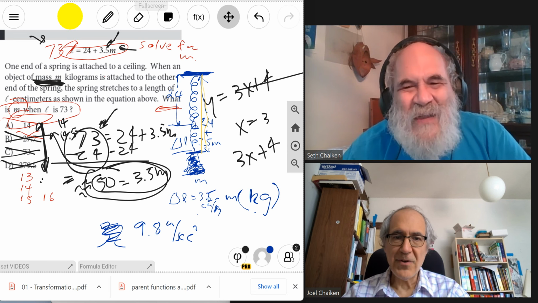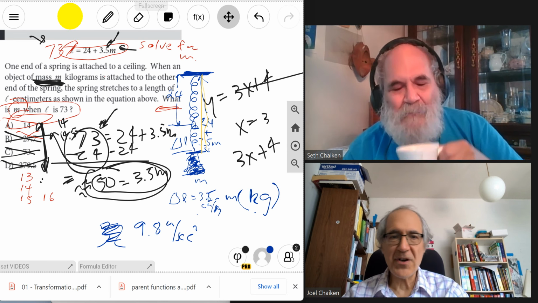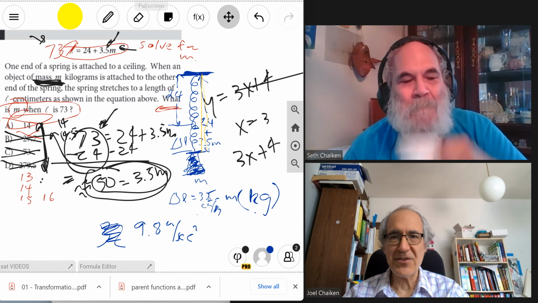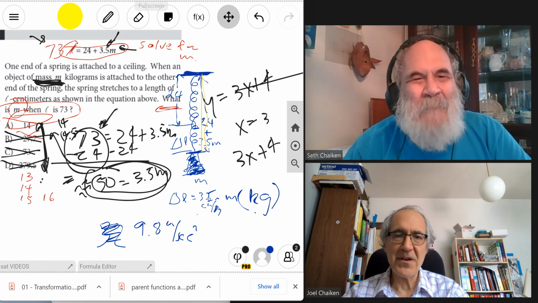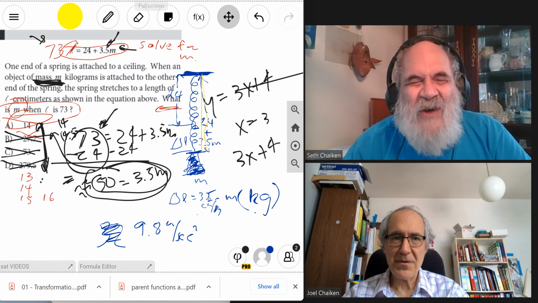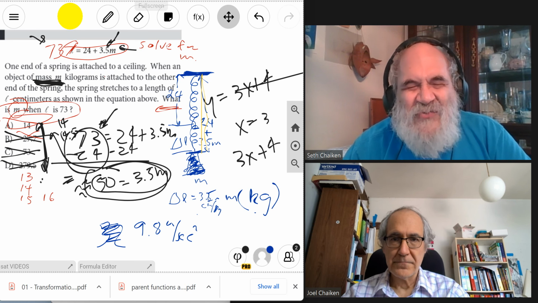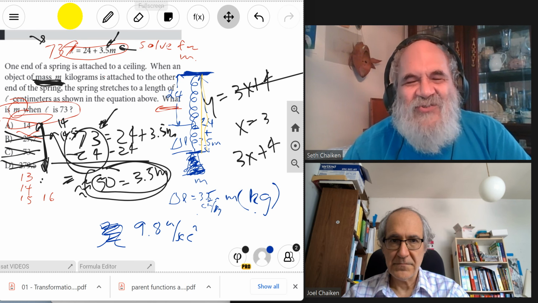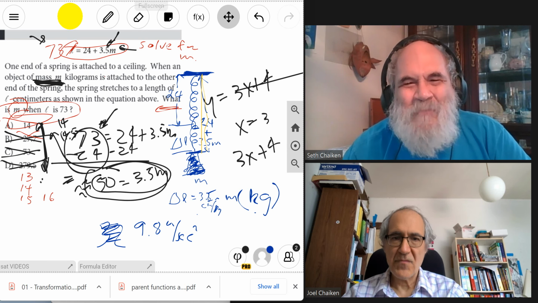Like all things in physics, things only work under certain circumstances. This kind of spring that obeys this law of force and stretched amount is called a linear spring.